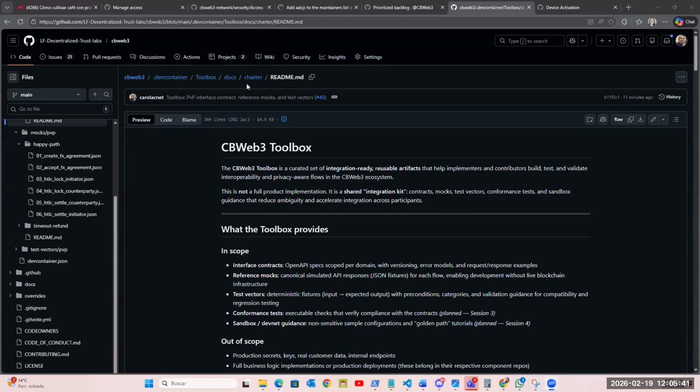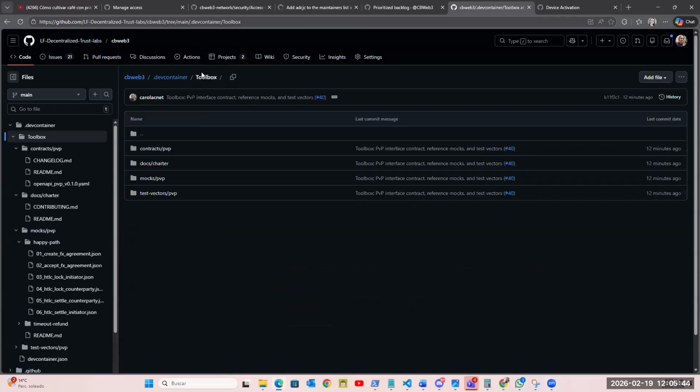Again, in this folder, specifically the toolbox in our repository, you are going to find the contracts description. For the moment, we are describing only the payment versus payment contract. You can find here the charter and the explanation on how to use it, the mocks and the test vectors around that.